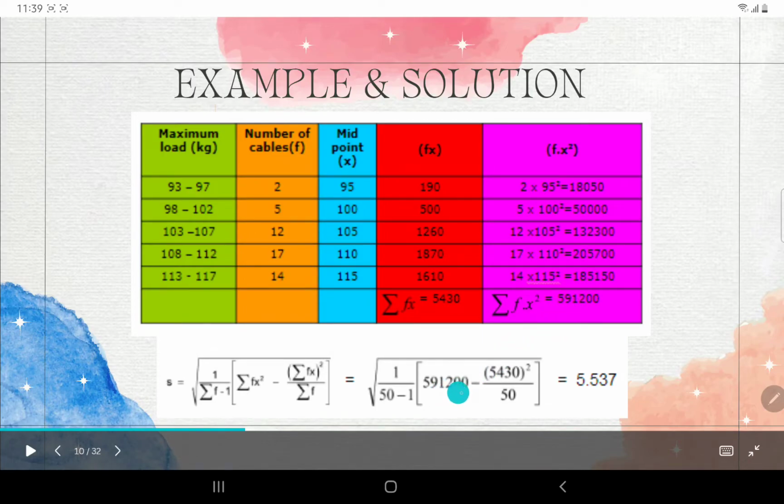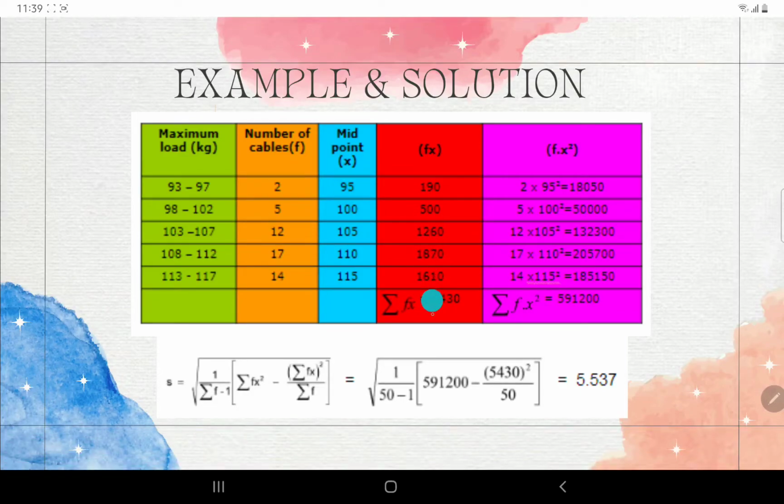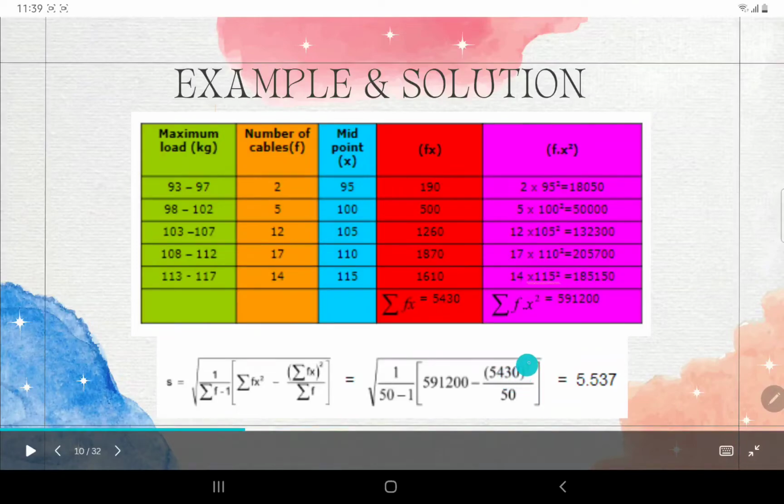We'll get 591200, and then minus. Here in the formula, we need to find the summation of fx and then square. The total fx is in the fourth column, which has the value 5430, and then square, divided by the total of f, which is 50.